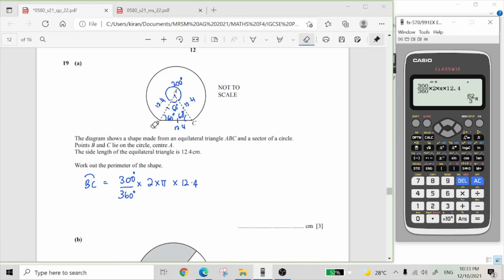So this is the perimeter or the circumference of sector BC. And then we plus with 12.4, which is the base of the equilateral triangle. So the answer is 77.3. So we take only 3 significant figures.